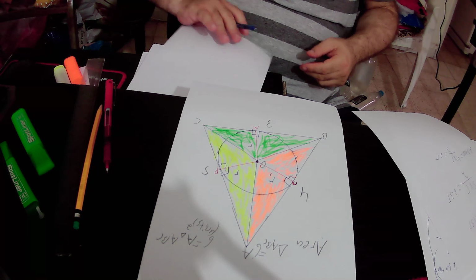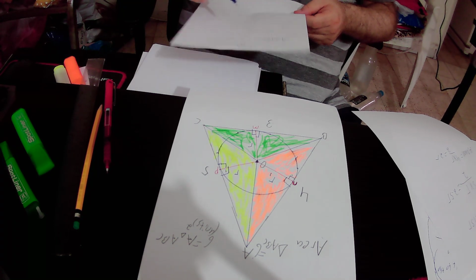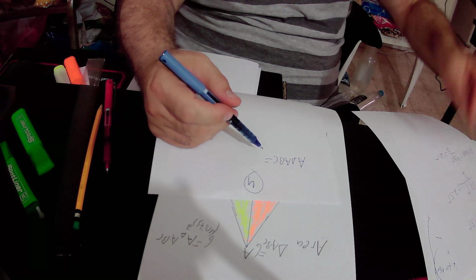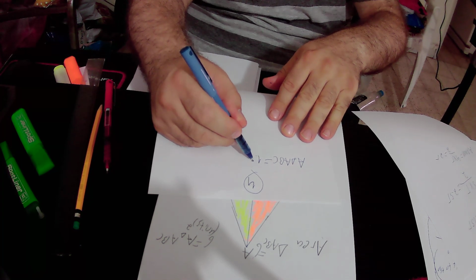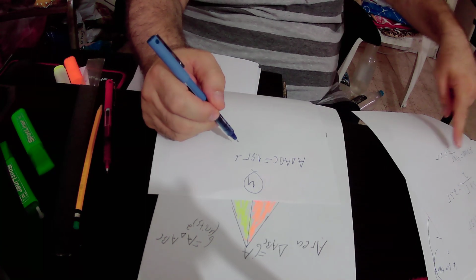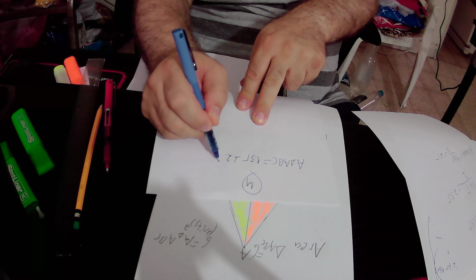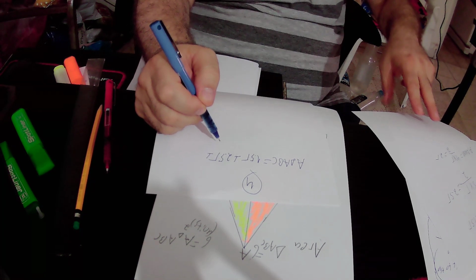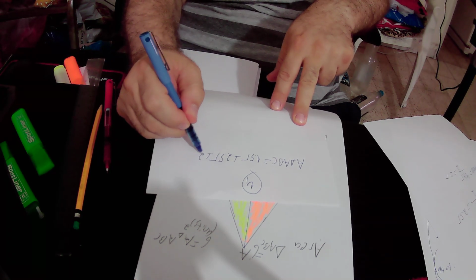Or in other words, the area of triangle ABC equals the sum of the areas of the green triangle, that is 1.5 times the radius, plus the area of the yellow triangle, that equals 2.5 times the radius, plus the area of the orange triangle, that equals 2 times the radius.